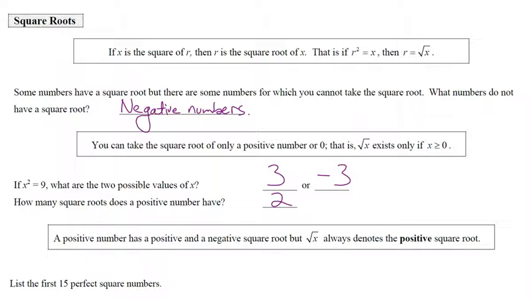Positive times a positive gives you a positive, and negative times a negative gives you a positive. A positive number has a positive and negative square root, but root x, this symbol, always denotes the positive square root. Okay, so the radical sign is the positive or principal square root.